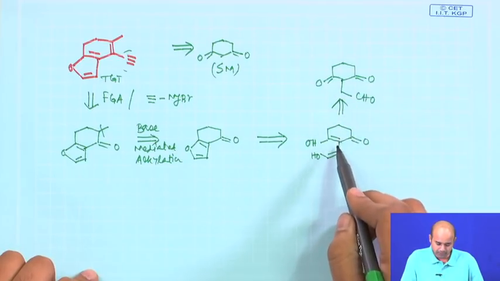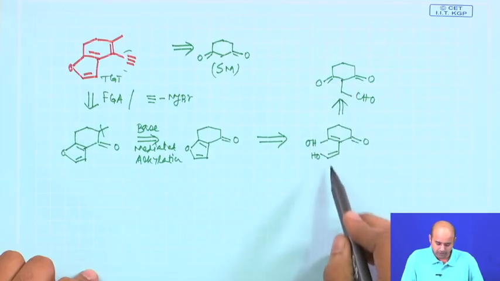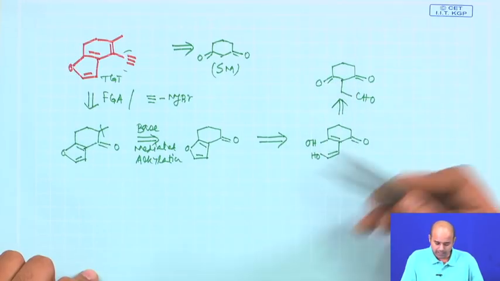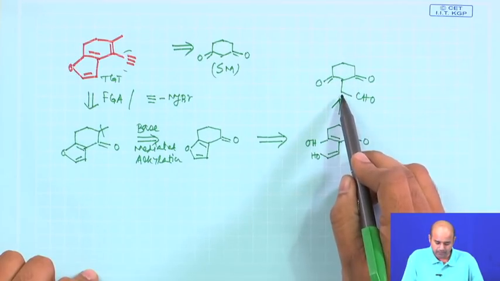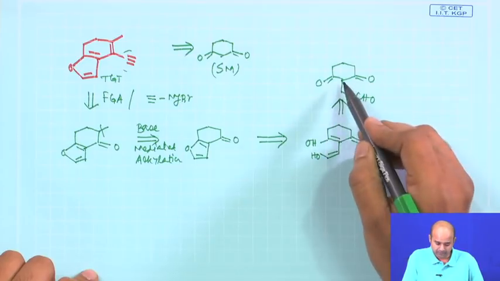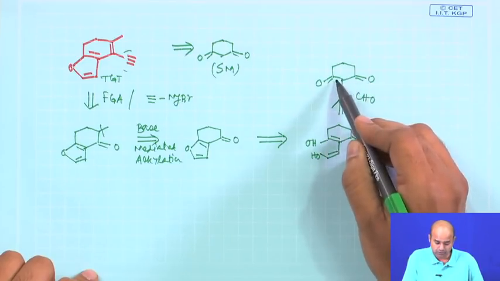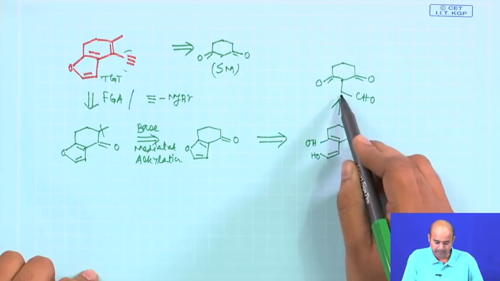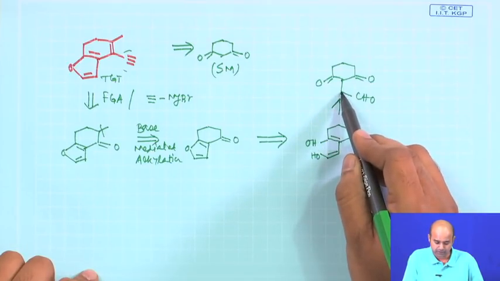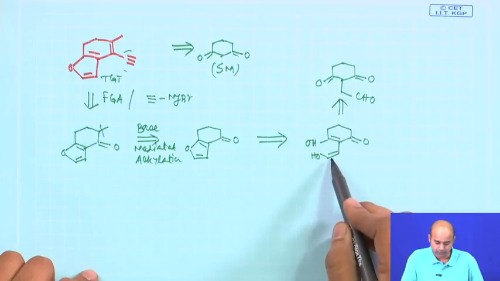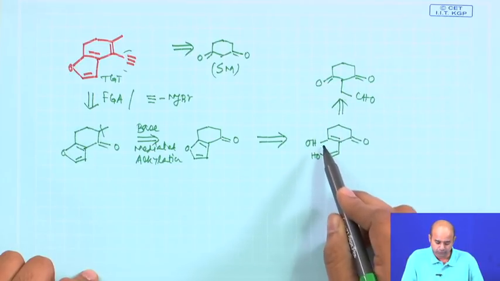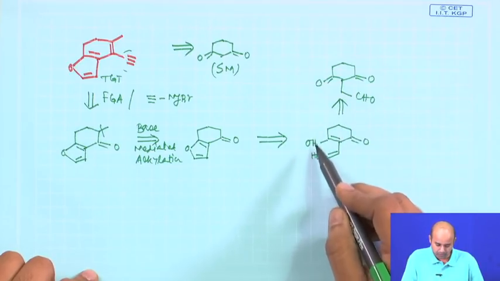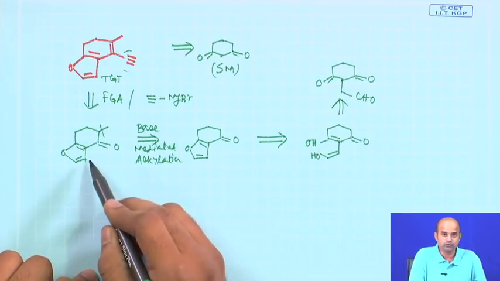This compound is similar to this. If you analyze, this compound is very prone to enolization. The acidic hydrogen is in a 1,3 diketone, so it will instantly enolize to this vinylic alcohol. This aldehyde also has acidic hydrogen, that can also enolize to give you this vinylic alcohol. Now, both of these two vinylic alcohols will undergo dehydration reaction to give you furan.